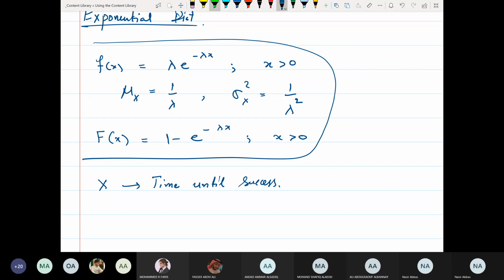So in most of the examples you see for the exponential distribution, there will be time between events, time before you get a success. Let me bring an example from the exponential distribution.